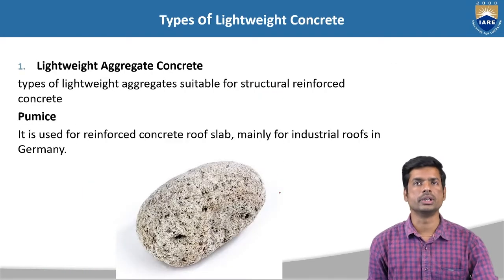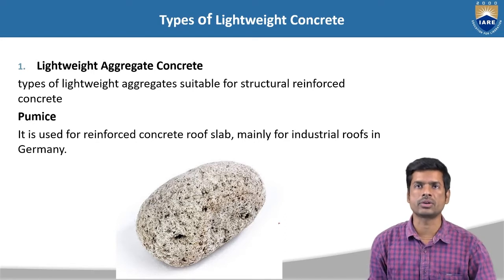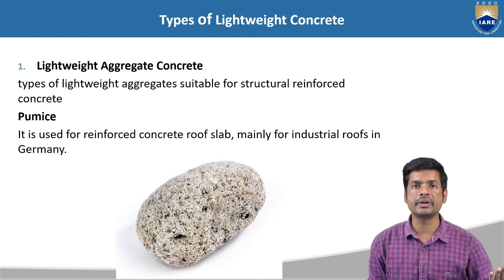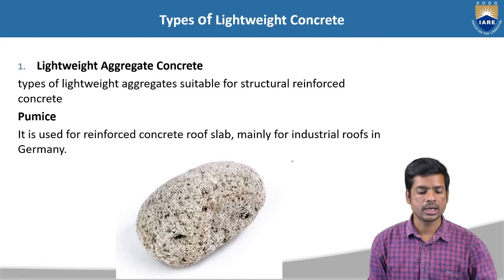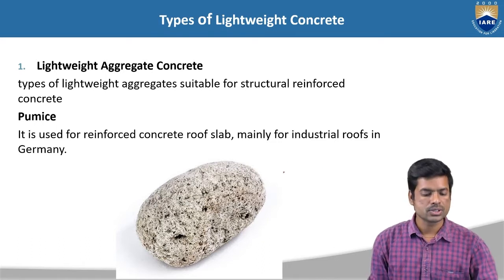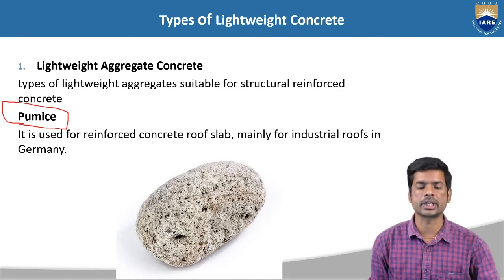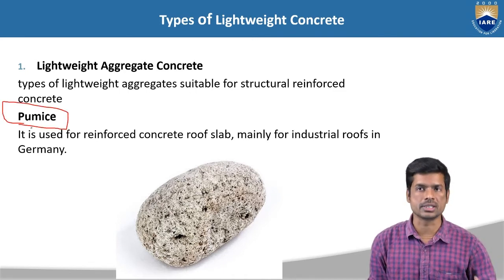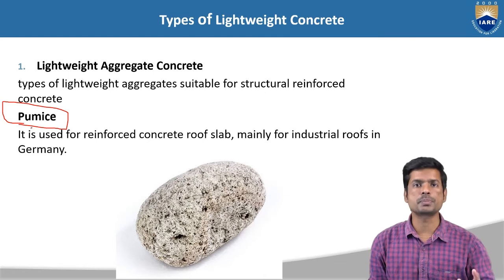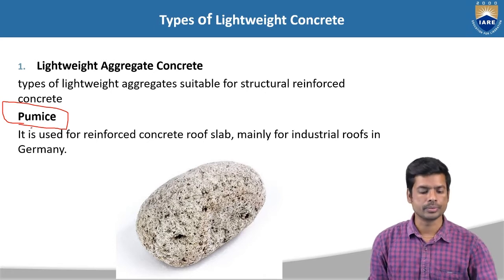So we have different types of lightweight concretes. The first one is lightweight aggregate concrete. In this concrete, we use stones which have very little weight. The first one is pumice, a stone with very low weight because of the pores present inside it.